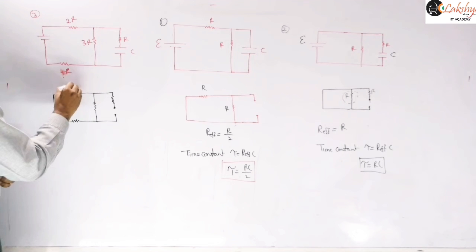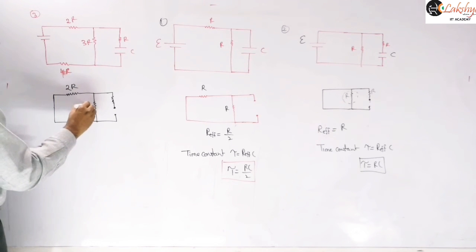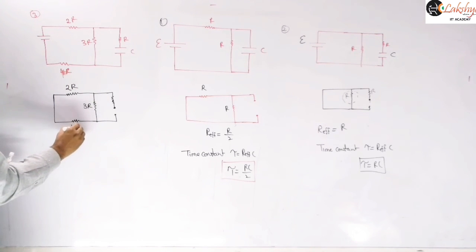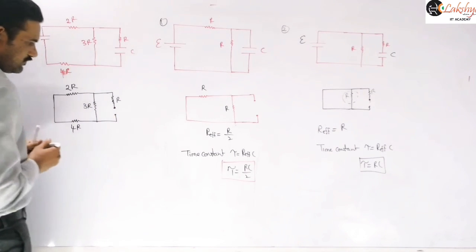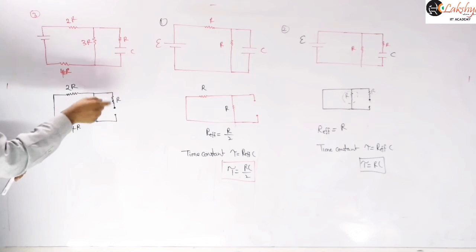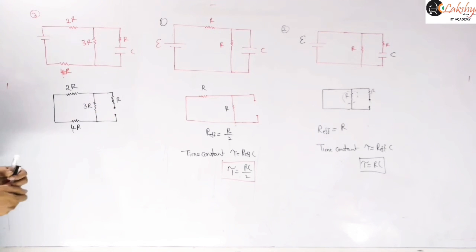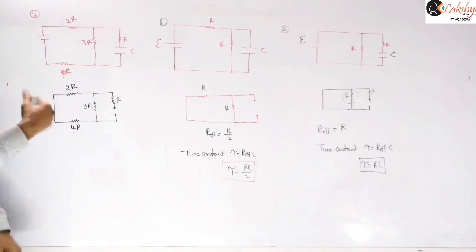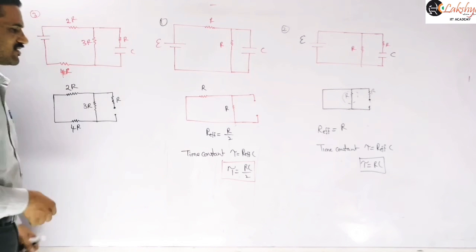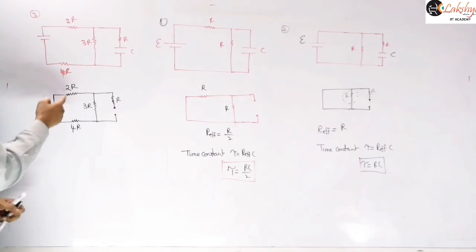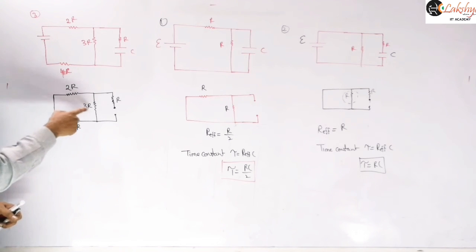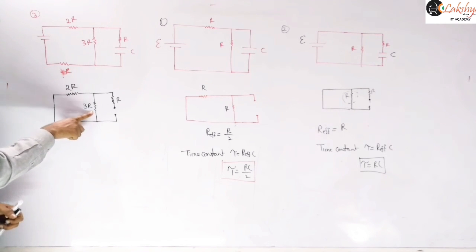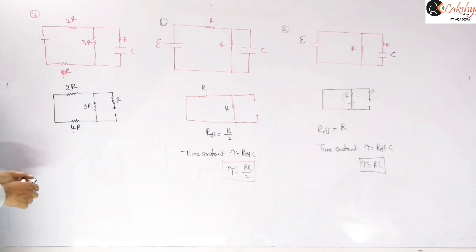So this is 2R, 3R, and this is 4R, and this is R. I am not drawing the capacitor here; between these 2 points you need to find the effective resistance. We can observe that these two are in series, and that resistance will be in parallel with this 3R, and then that effective resistance will be in series with this R.